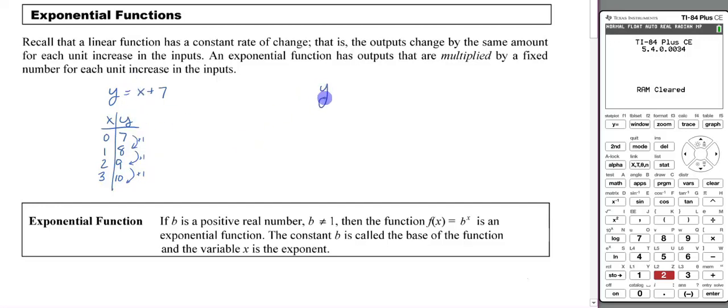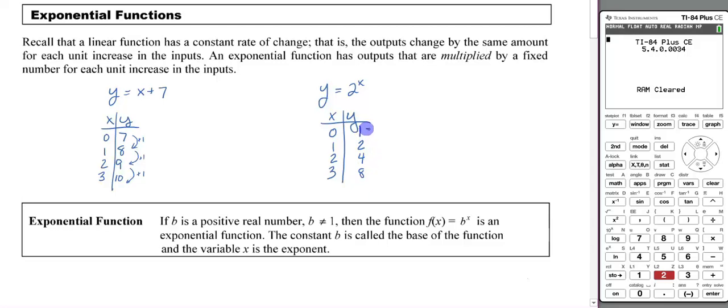If I had something like y equals 2 to the x, and I make the same t-table with the same inputs, quite a different thing happens with the outputs. 2 to the 0 is 1. 2 to the 1 is 2. 2 squared is 4. 2 cubed is 8.